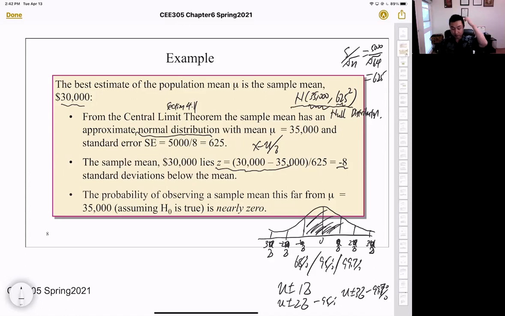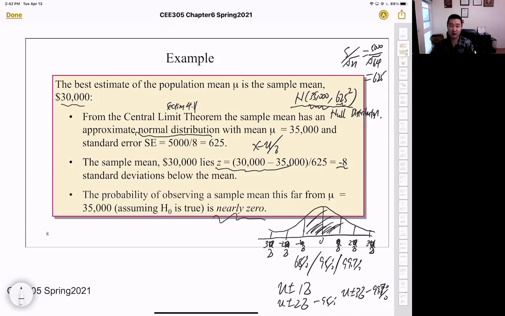Okay, so the z-value we calculated is minus 8, which means this is 8 standard deviations below the mean. That tells us the probability of observing a sample mean of $30,000 if the mayor's claim is true is very, very small, nearly 0.